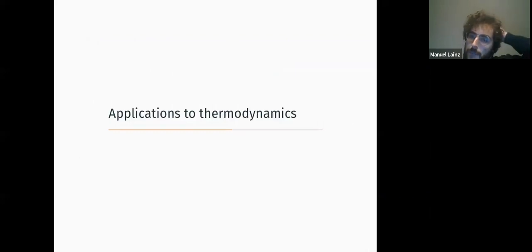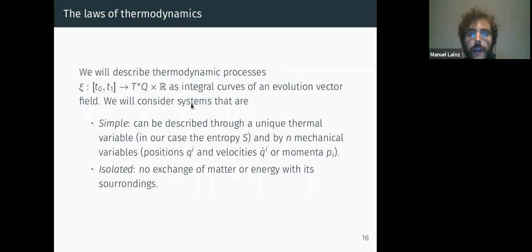Okay, now I will just briefly comment on applications to thermodynamics. We will describe thermodynamic processes as curves on this space, which is a contact manifold, and they will be integral curves of an evolution vector field. First, we will consider systems that are simple. This means that they can be described through a unique thermal variable.